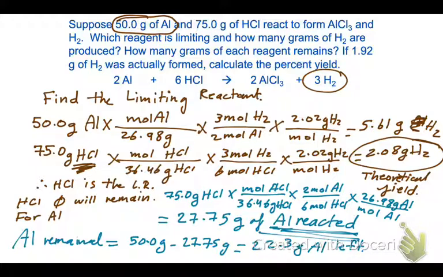That's the aluminum remained. Now the last question, if 1.92 grams of hydrogen was actually formed, calculate the percentage yield. And the way I'm going to calculate the percentage yield, now remember, I'm going to first erase.